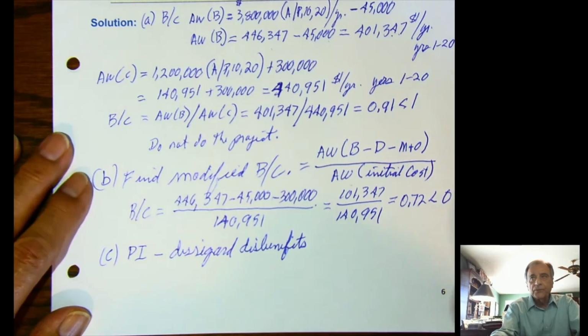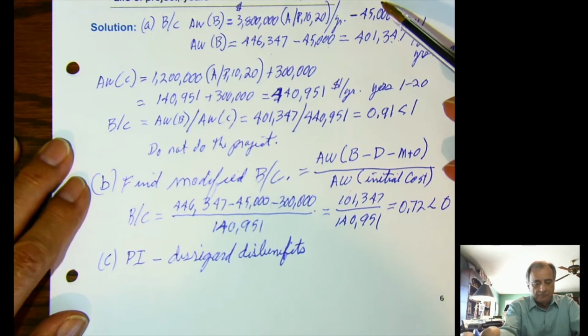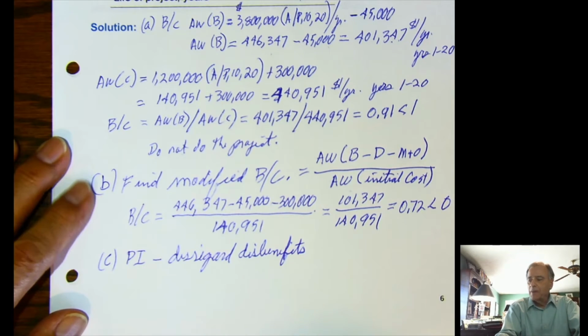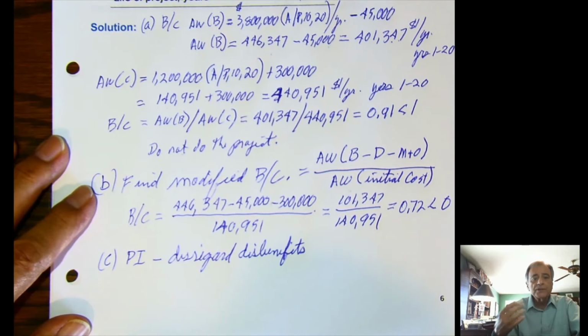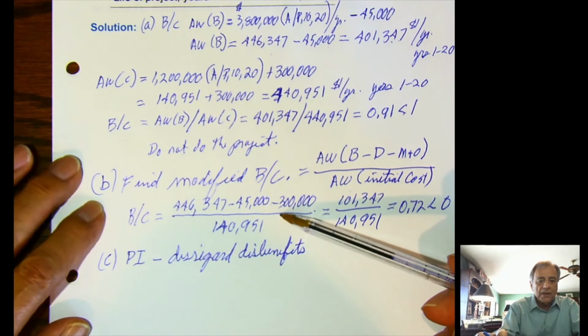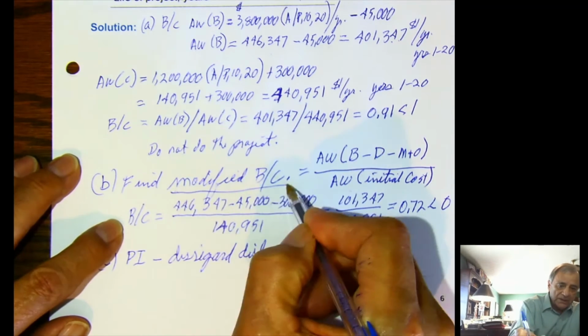So that $45,000 of disbenefits, not going to be considered. And the profitability index is then in the denominator you only use the initial costs, similarly to the way we did the modified benefit cost ratio.